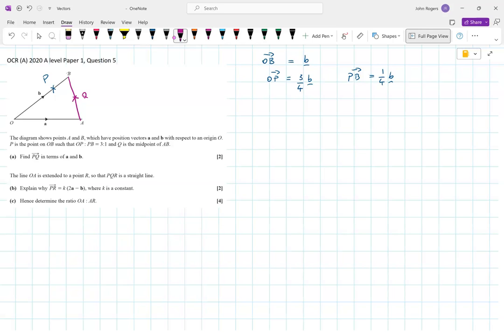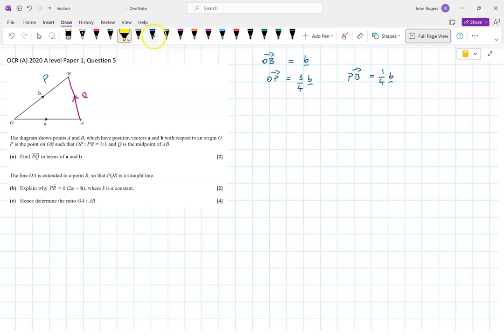Now, I think we're going to be using the triangle law to find PQ, because that's what we want. But we're going to need to find the vector BA first, so that we can use the triangle rule on this. So let's do that.